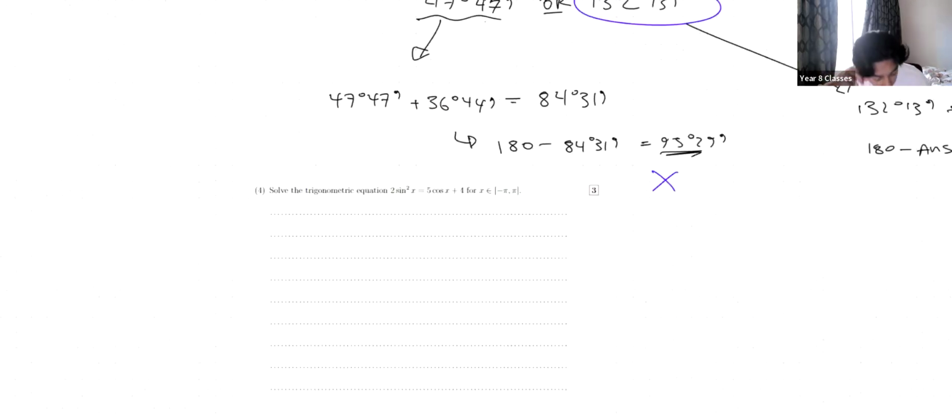I'll give you again 30 seconds to have a quick read through. Shruti, any ideas?